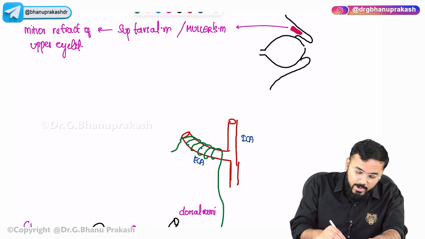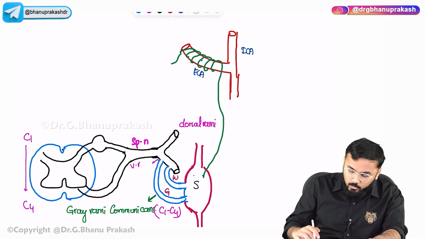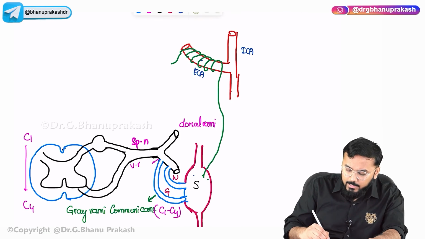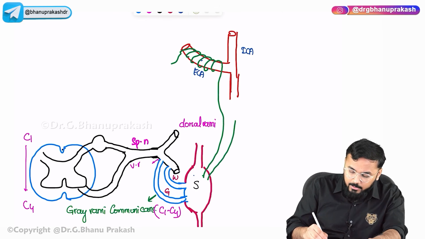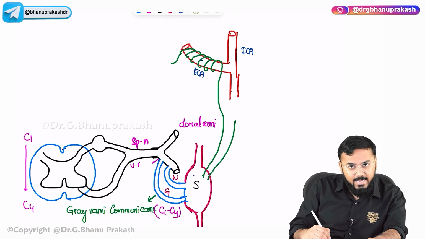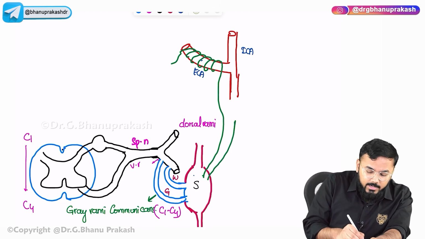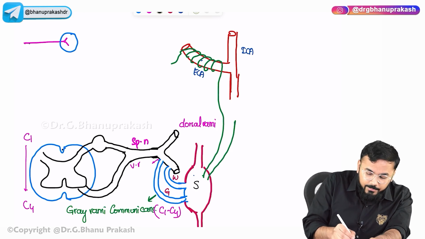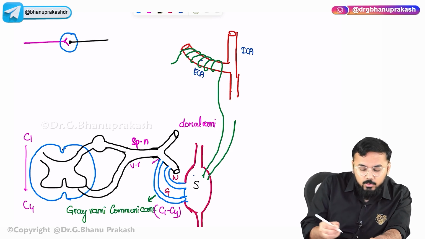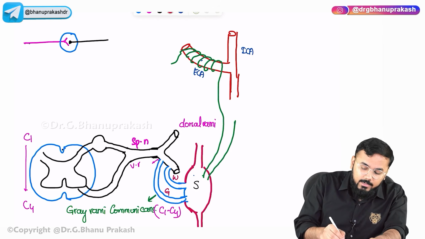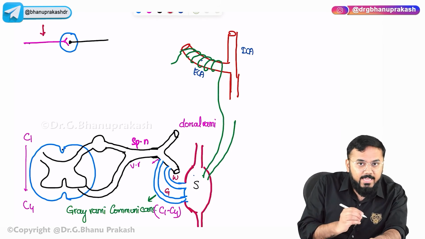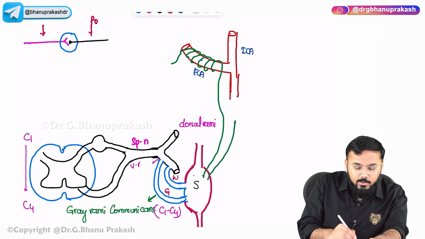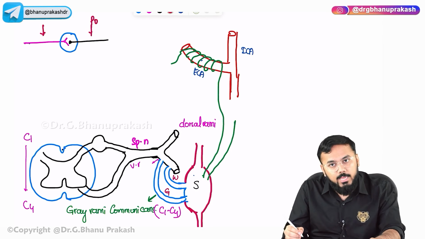Now let us go back to our topic here. From the superior cervical ganglion another nerve is coming, right? So from the ganglia, if this is a nerve that is entering into a ganglia, and from the ganglia a nerve is going out, can I tell that this fiber is preganglionic and this is postganglionic? It means all these are postganglionic fibers.